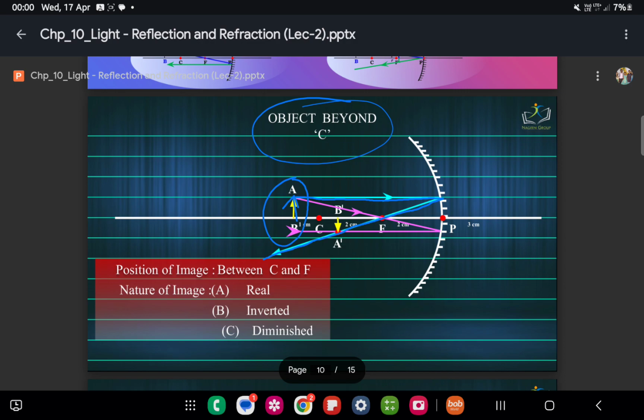Then its image is formed. The other line also strikes the concave mirror and reflects back like this, so the image formed is between c and f.